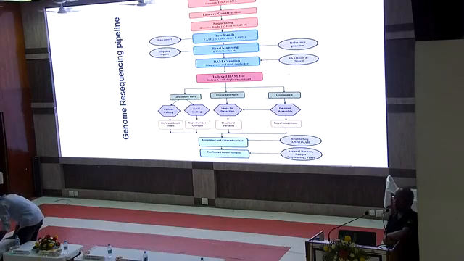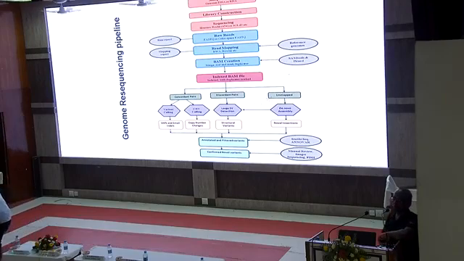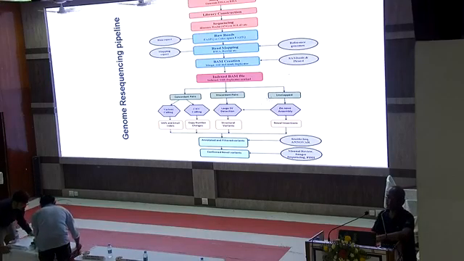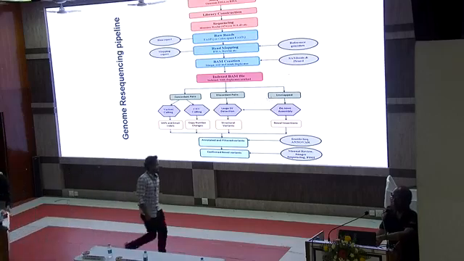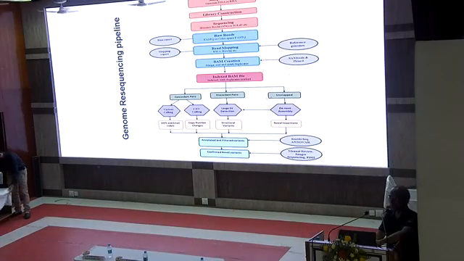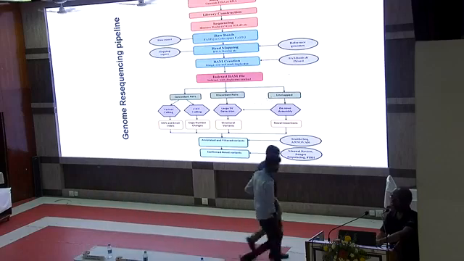Whatever you cannot align, you try to assemble, and then together you try to find out the polymorphisms, the copy number variants, the large structural variants, and so on and so forth. And then you try to see from the database if there is any existing information, if you can dig some information out of it. Okay. So this is the standard genomic pipeline that we currently use.